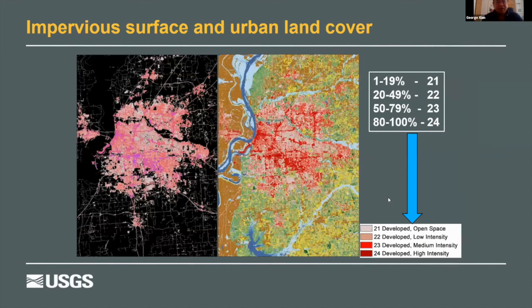It's a good example to explain why we use impervious surface for land cover. On the left is the percent impervious surface. On the right side is our semantic land cover.